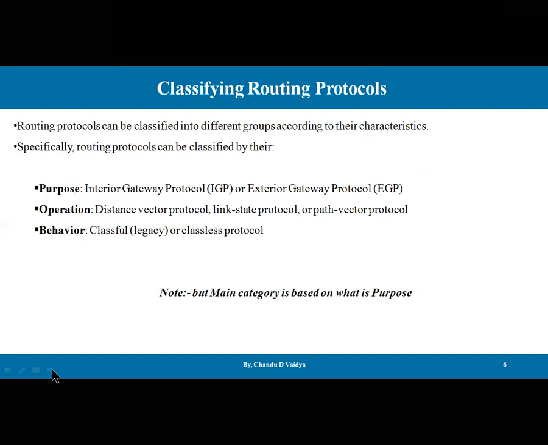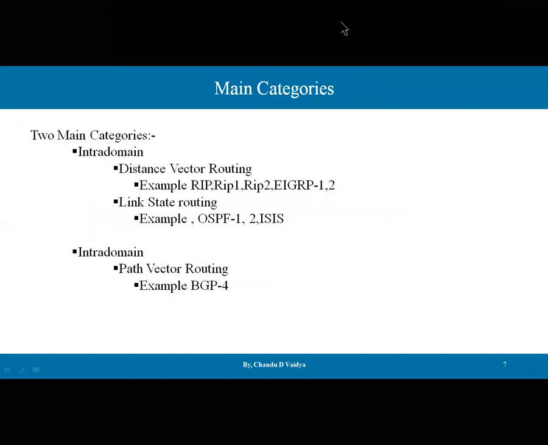Now in our syllabus, we have two categories. The very first is the intra-domain routing protocol. In intra-domain protocols, there are two categories. The first is the distance vector routing protocol, for which I have a separate video on distance vector routing, so please do watch that video.